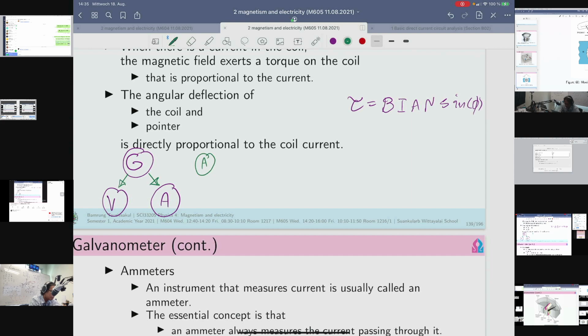The ammeter first. An ammeter should have zero resistance.